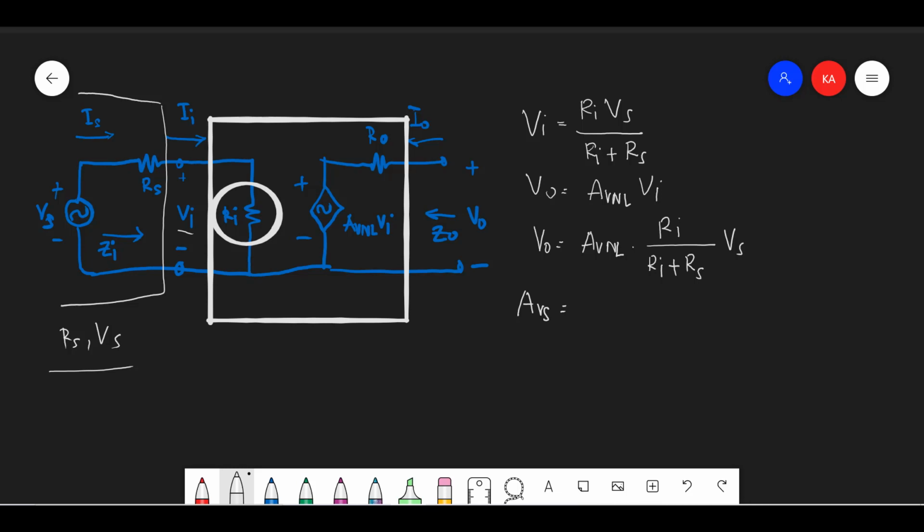So AVS is Vo per Vs, and AVS is Ri per Ri plus Rs times AVnl. So we get AVS is Vo over Vs from this equation.